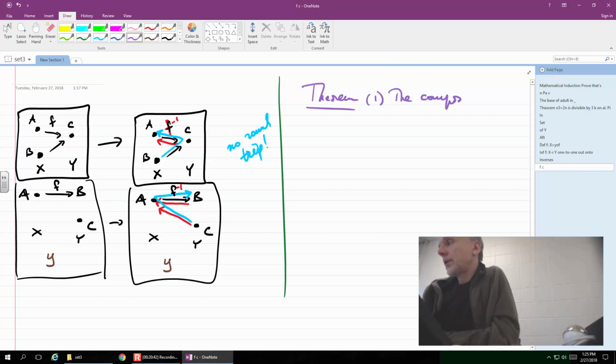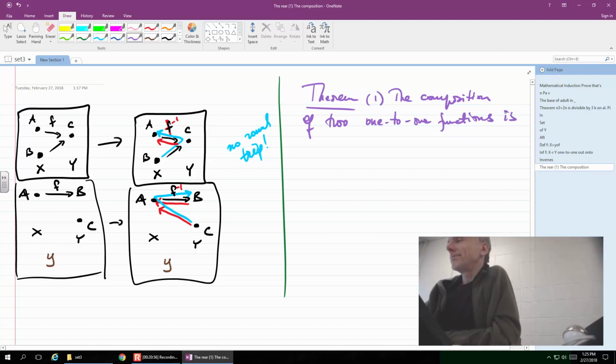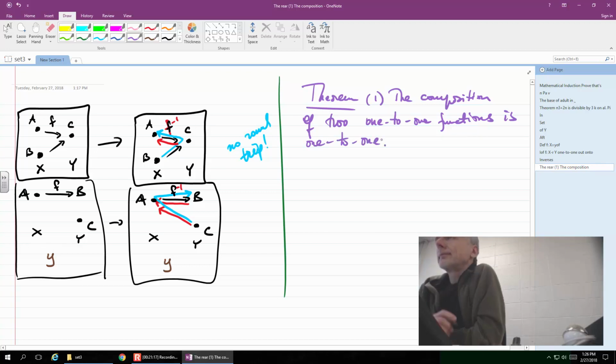The composition of two one-to-one functions is what? Is one-to-one. You see why?